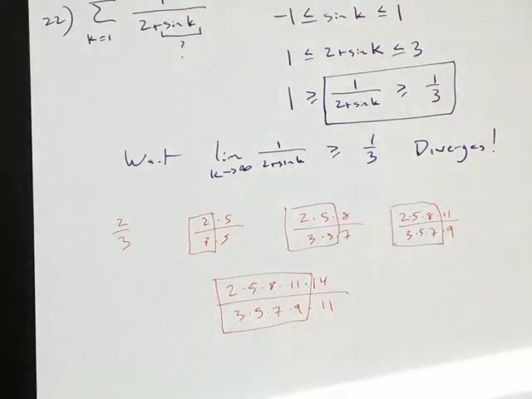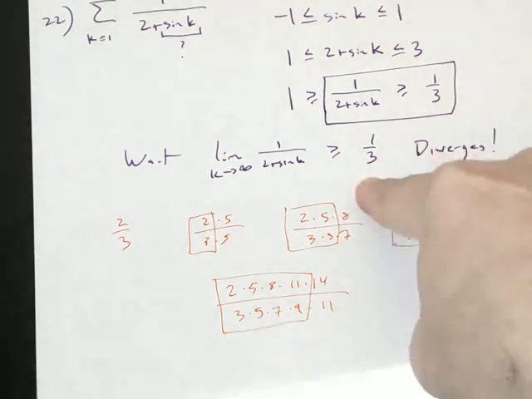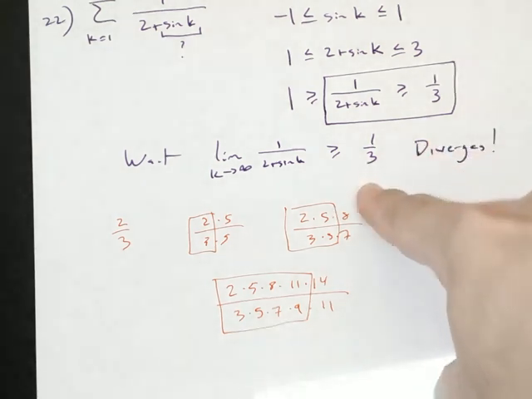What happens to each term then? Because my goal is to compare them, right? If it gets bigger, its limit is not 0. I'm in the same boat as I was right here, aren't I?